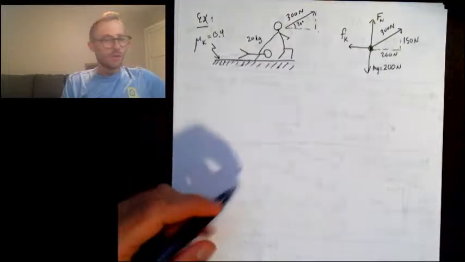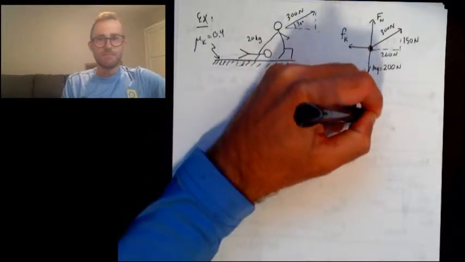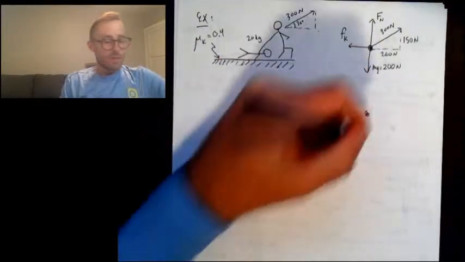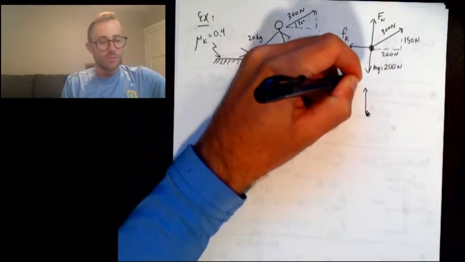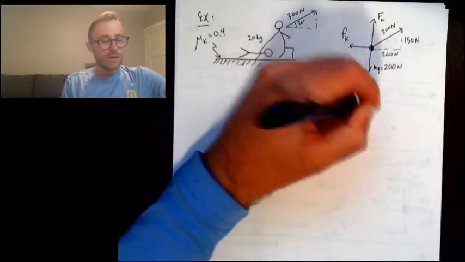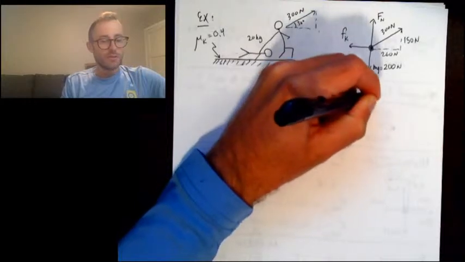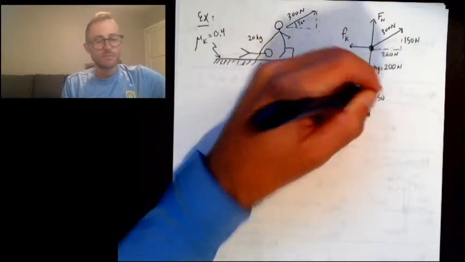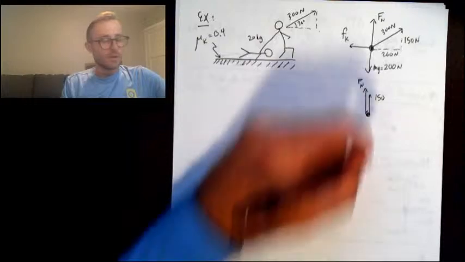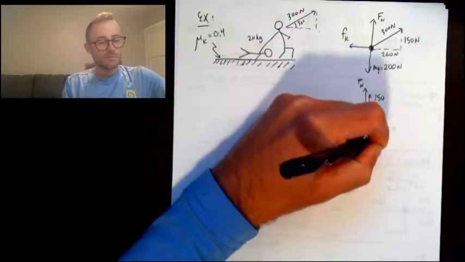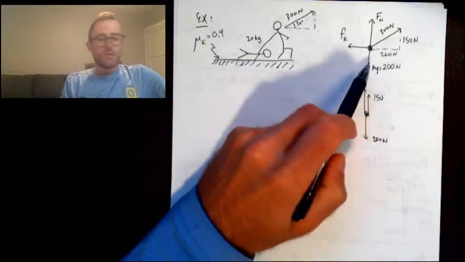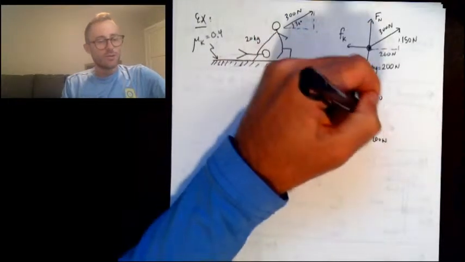Okay, so now we redraw the free body diagram. So we now have two upward forces. We have the normal force, and we have 150 newtons. And then we have a downward force of 200 newtons. Then the rightward force is 260 newtons.